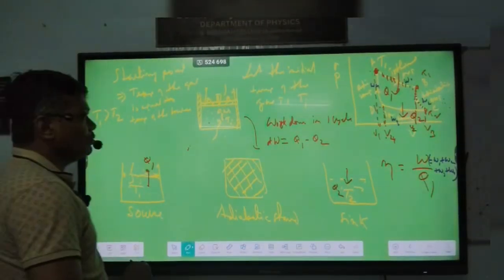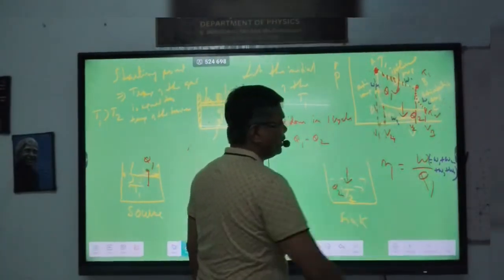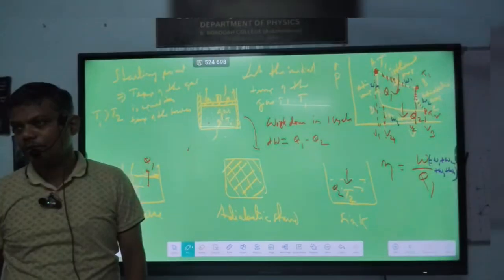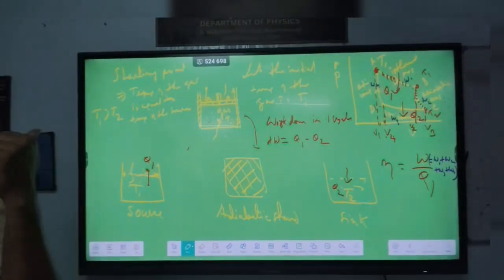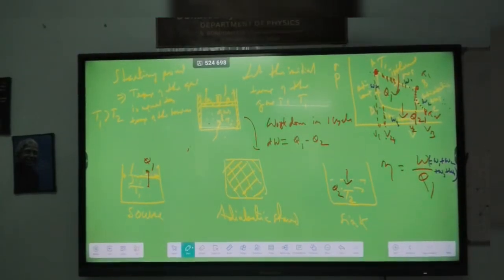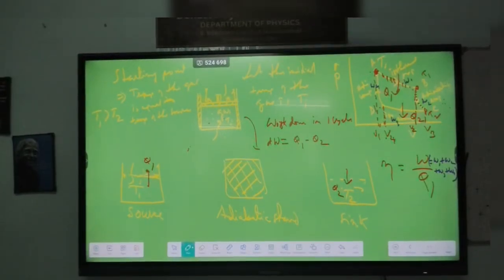Okay. So here I come to the next. What do we have to do? We have to find out the expressions for W1, W2, W3, and W4. Here already two expressions for work done are known. You know the expression for isothermal expansion work done. We also know the expression for adiabatic work done.